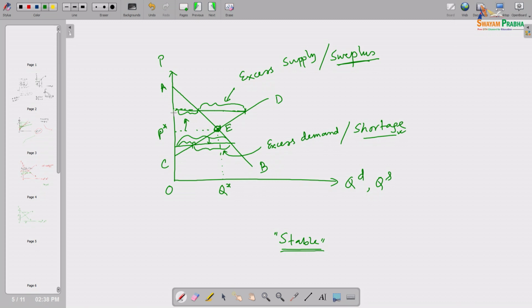Like we said, when the price level is at OP1, there is excess supply over demand, so automatic market forces will push the price below the OP1 level. Suppose this is the OP2 level, a little below the equilibrium price. Here excess demand is there, so automatic market forces will pull the price up from the OP2 level to the OP star level.